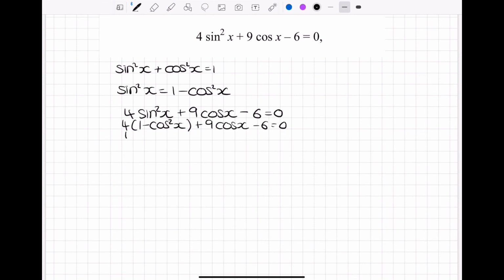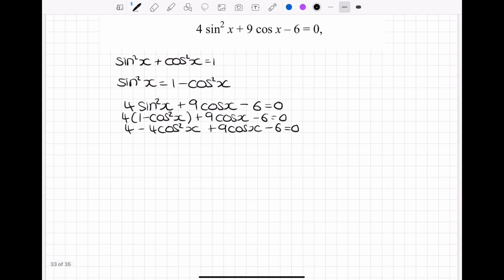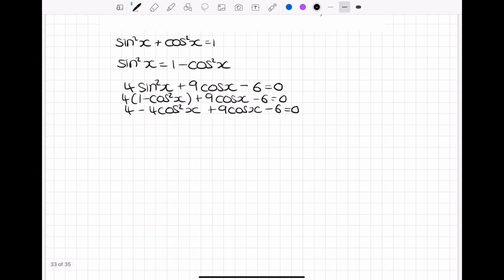If I expand all of this, and I'll move everything over to the other side, so I'll just swap all the signs, we get a lovely quadratic in terms of cos.